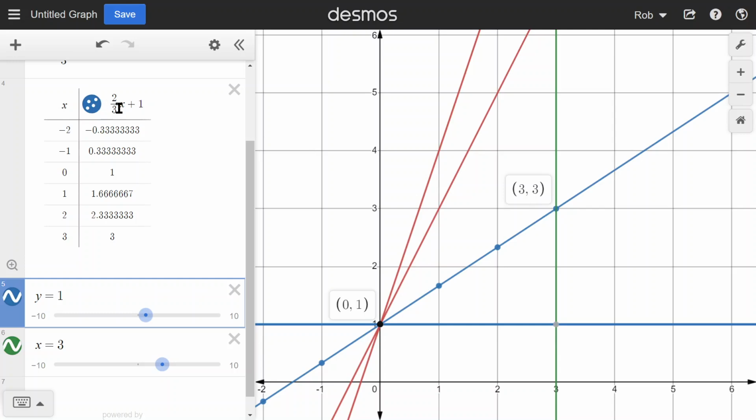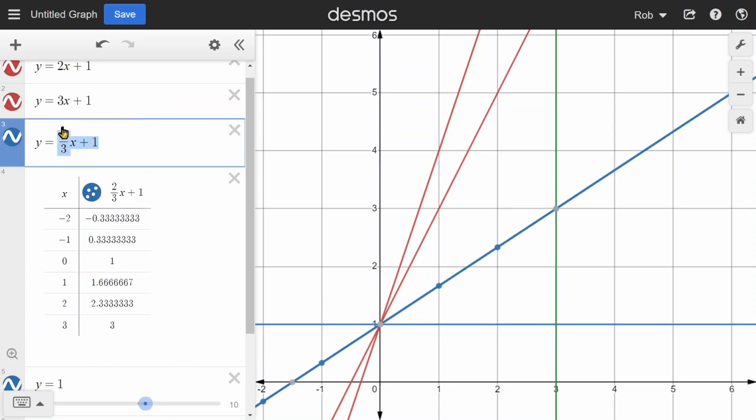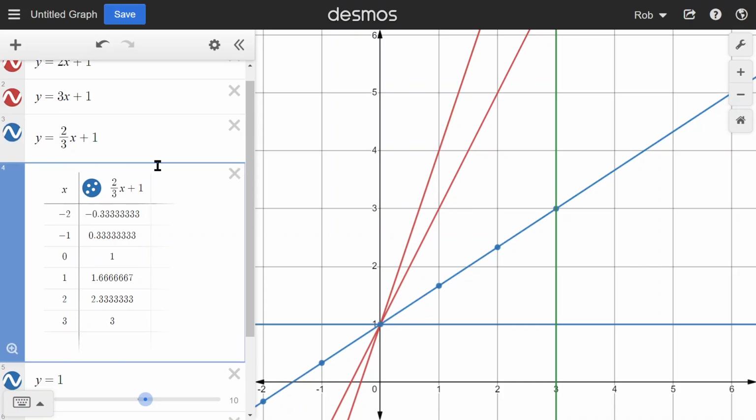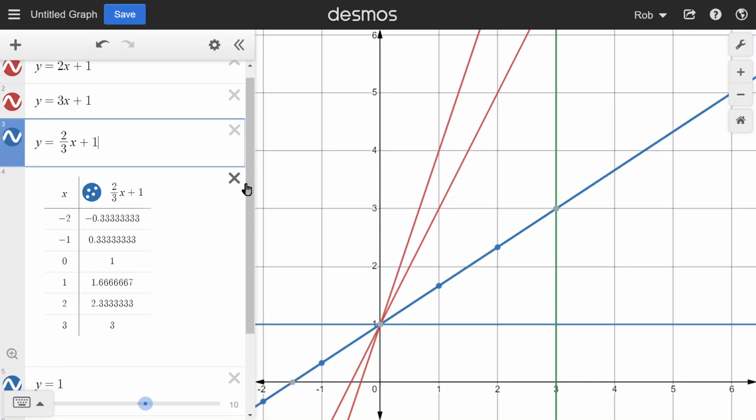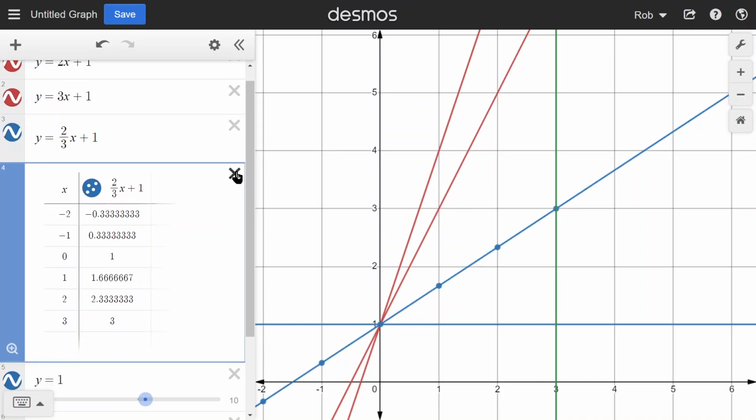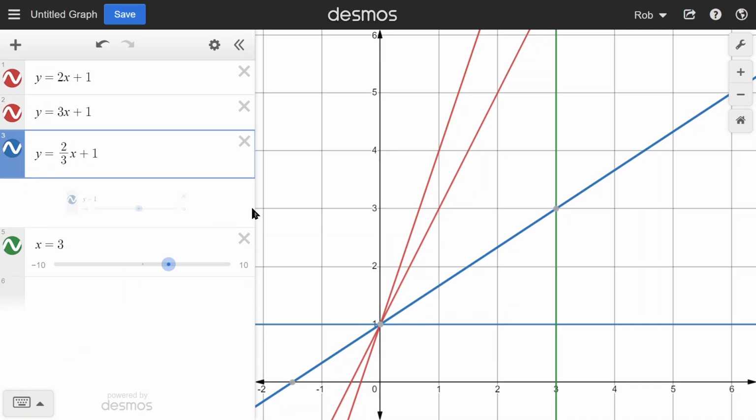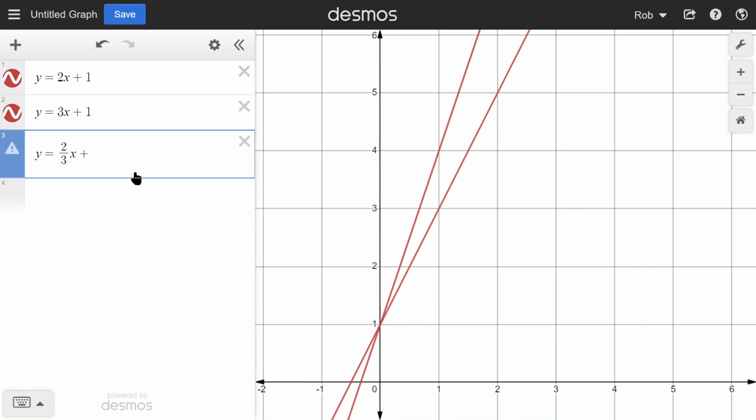So if you look back to my graph over here, which I'm going to highlight, you see it highlighted now. The 2 over 3 means it goes across 3 and up 2, and that's called the gradient. And then the 1 is the y-intercept. So if I got rid of this table, and if I get rid of this other stuff too, if I just made it y equals 2x plus 0, what happens?